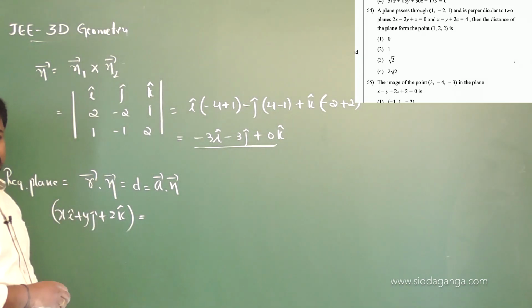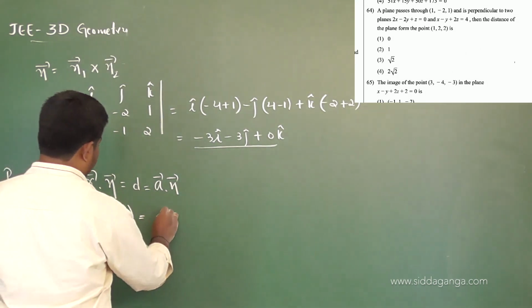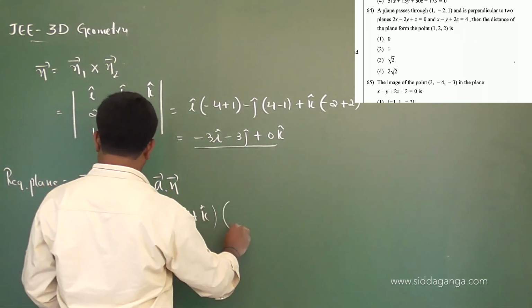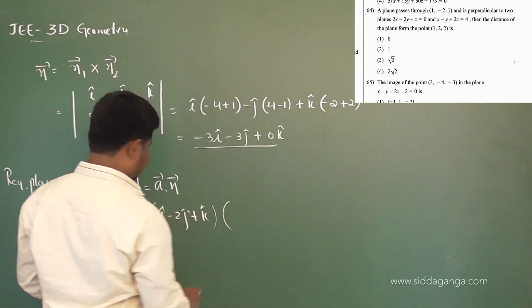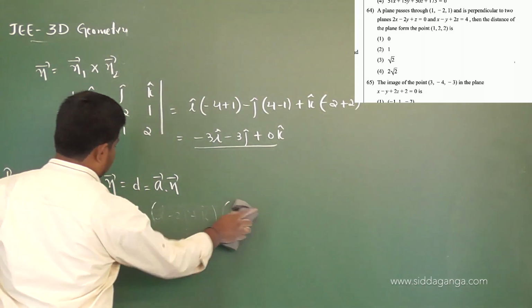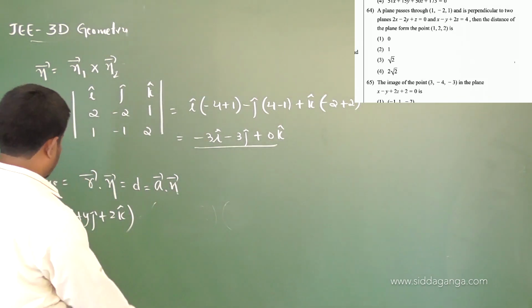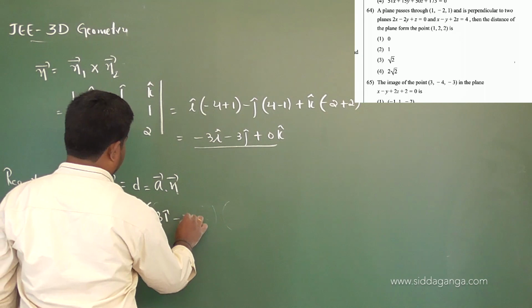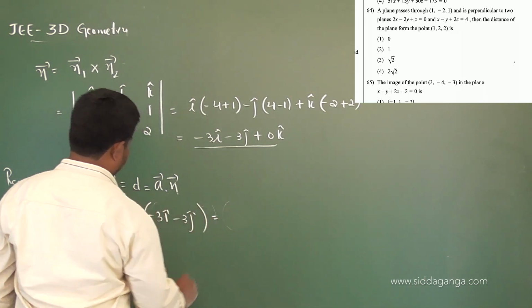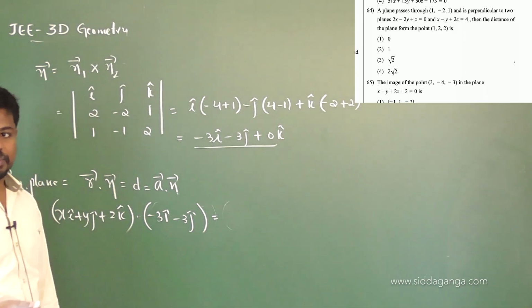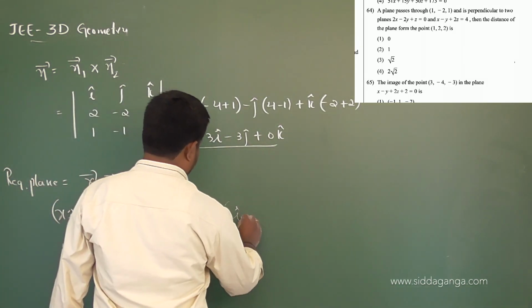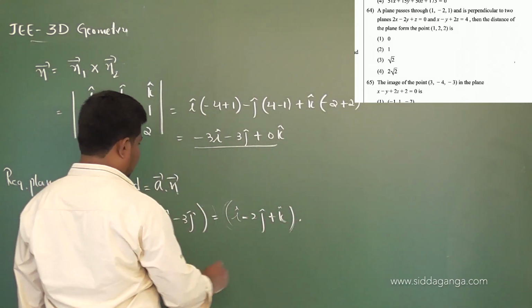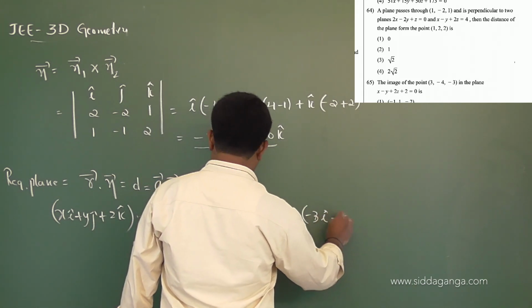So from the given point it is passing through 1, minus 2, 1, so i cap minus 2j cap plus k cap dot n, where n is minus 3i minus 3j.